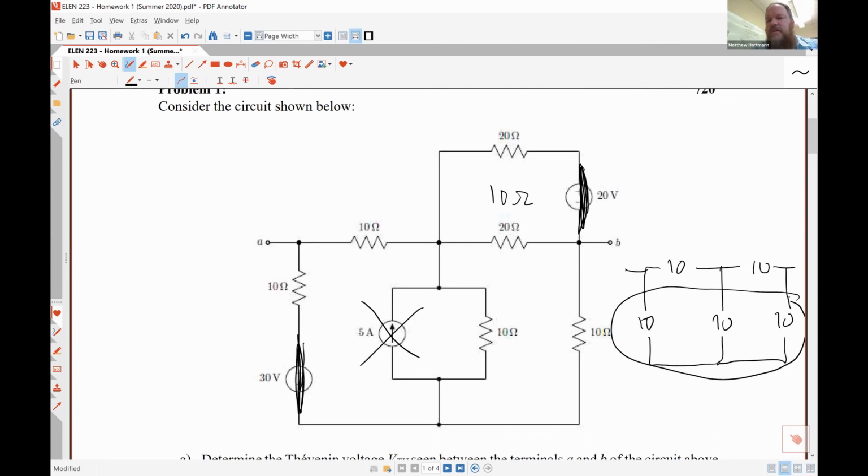And you can make it look like a delta-connected network, which would effectively put these two 10 ohm resistors in series, and it would put that combination in parallel with something else. So I'll make some notes on a delta Y transformation and upload them today. Let me put it on my to-do list right now before I forget about it.